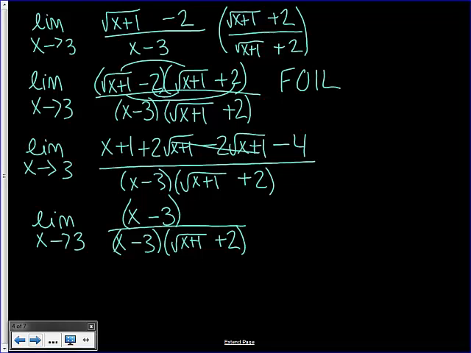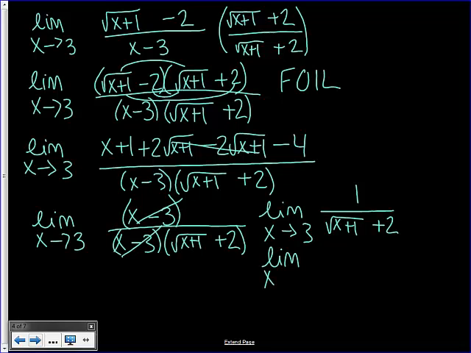And again, x minus 3 and x minus 3 will cancel. So I am just left with, moving over here, the limit as x approaches 3 of 1 over the square root of x plus 1 plus 2.